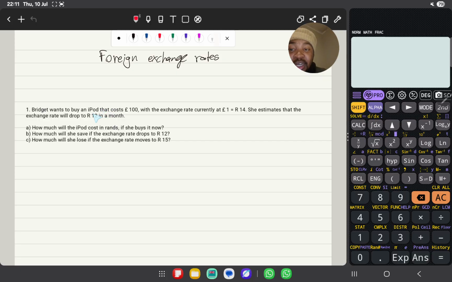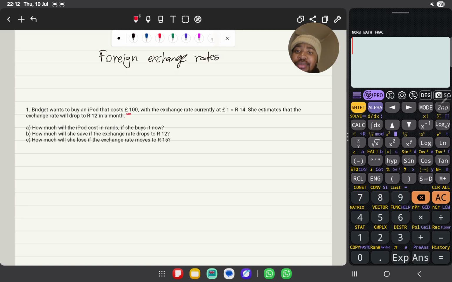So she wants to buy an iPod that costs that much. I wanna say that's euros, but let me check.